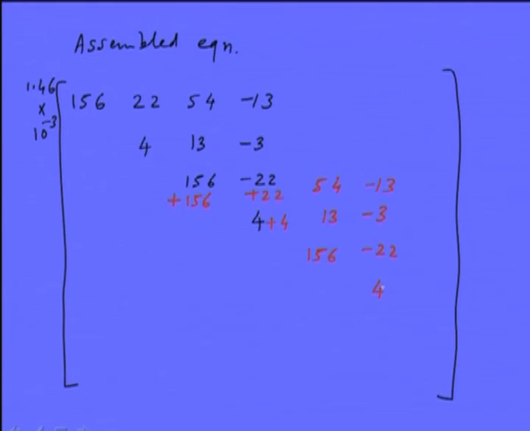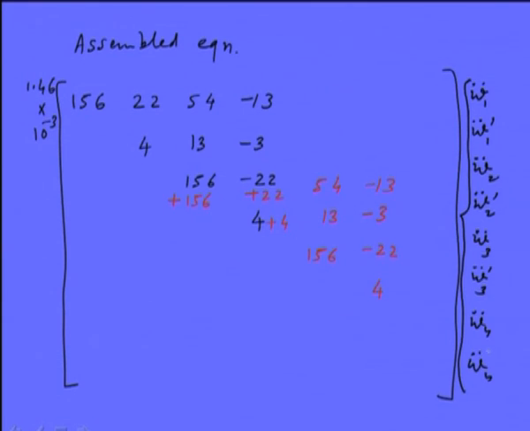To see how they are coming here, let us first write the vectors. Here W1 double dot, W1 double dot prime, W2 double dot, W2 double dot prime, W3 double dot, W3 double dot prime, W4 double dot, W4 double dot prime.